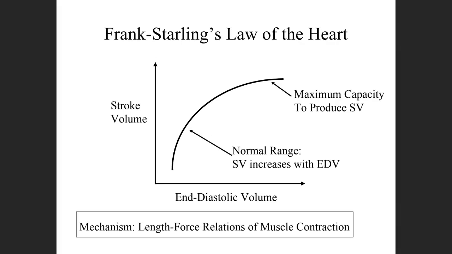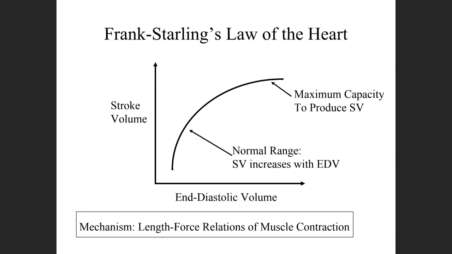So if we look here, we see stroke volume on the y-axis, end-diastolic volume on the horizontal axis. And between these two arrows would be the normal range. So with an increase in end-diastolic volume, the stroke volume is going to increase from the normal range to the maximum capacity to produce the stroke volume.